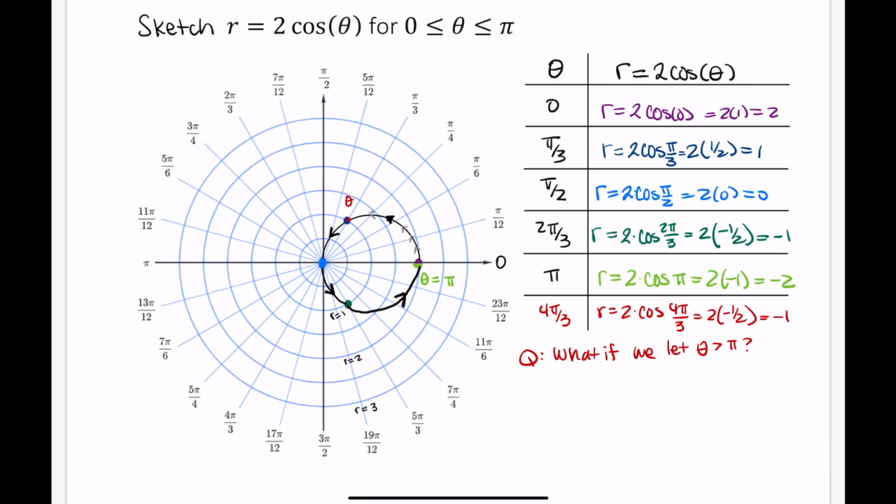So this would be theta equals 4 pi over 3. The idea is, if you don't restrict your angle, you're just going to trace this circle over and over again. So if you started at theta equals pi, you could go all the way around to theta equals 2 pi and get another circle. All right, well, I hope you found this video helpful.